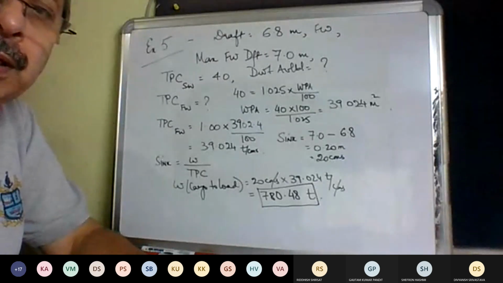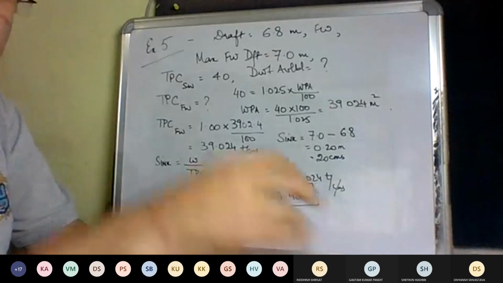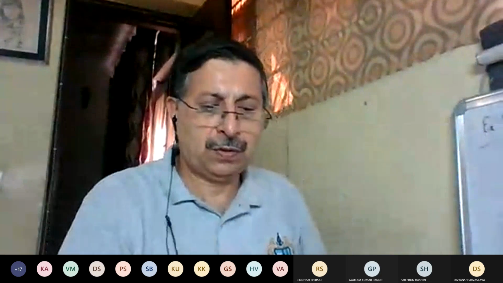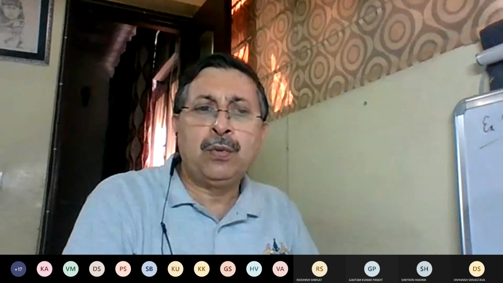Okay, please finish exercise 3 and exercise 4. Please do the questions and solve them. In these questions you will not have to make many diagrams. In exercise 3 you had to make diagrams, in 4 there are no diagrams to make.